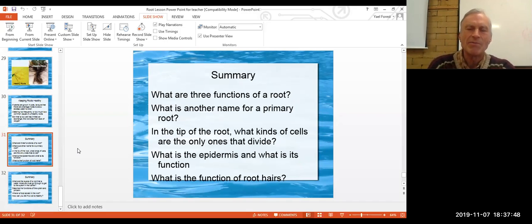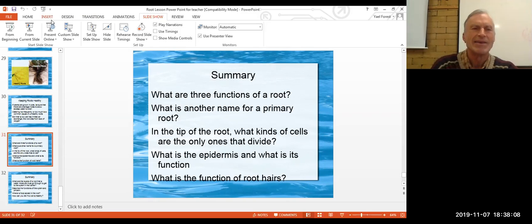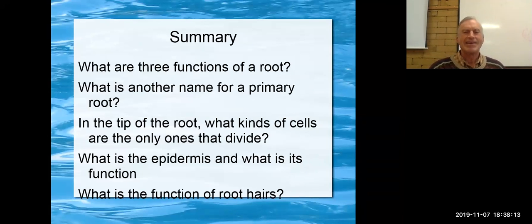Basically meristem refers to the dividing of the cells, and so it can refer to that type of cell, or it could refer to the region of the root. So meristem cells can be found in other parts of the root system. The apical meristem is the tip of the primary root. We'll find out in a little while that there are meristems on stems as well as on roots. Is that clear?